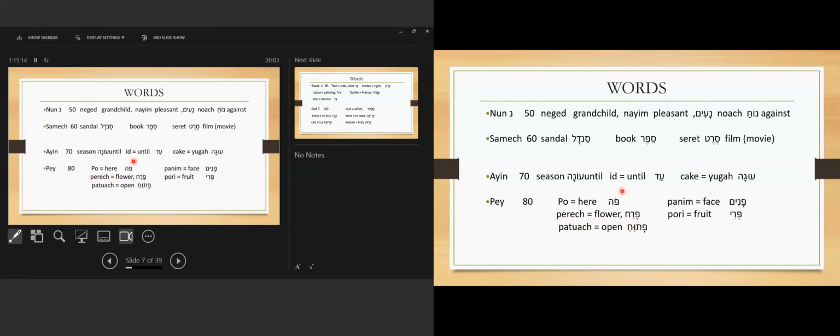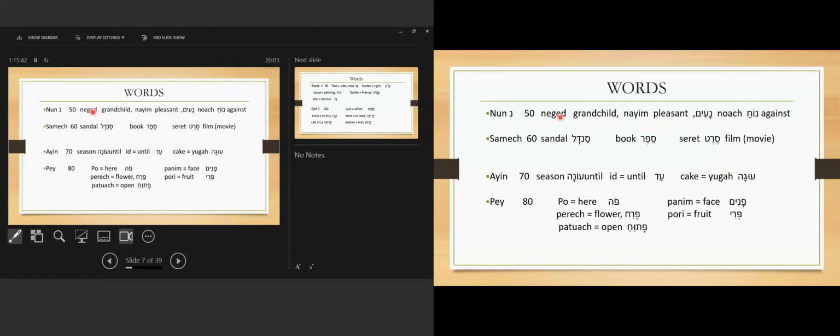Then lavan, l, a, v, a, n. Lavan is white. Opong has a white jacket on, a white suit with blue, very nice.